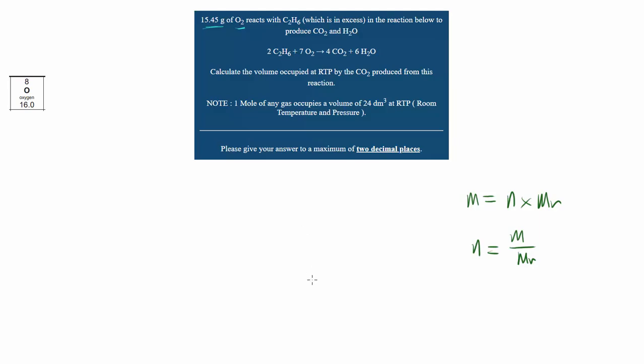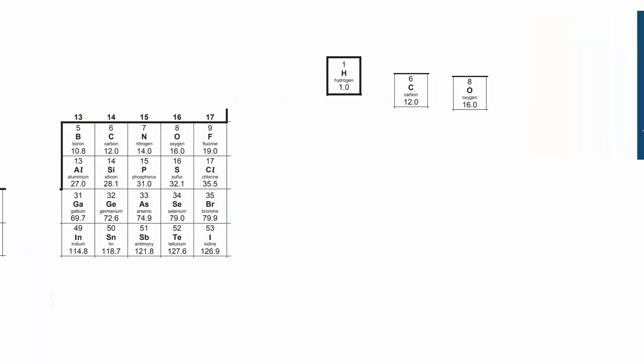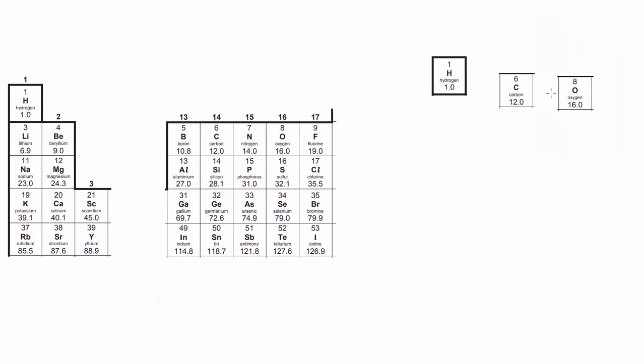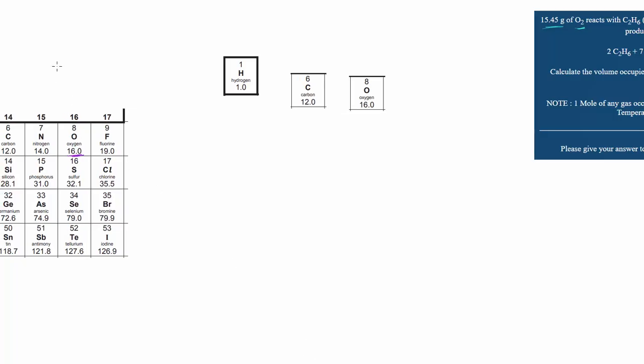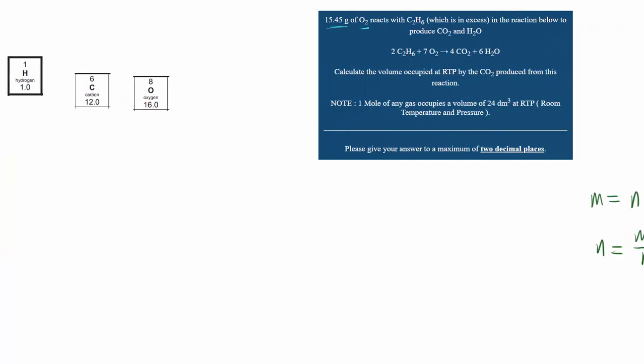Well, no. But what we can do is, as you can see, I put an X up here, but for oxygen, the molar mass would be, we need the relative atomic mass of oxygen to work that out, which is 16. And as you can see, what we're dealing with is molecular oxygen, O2.